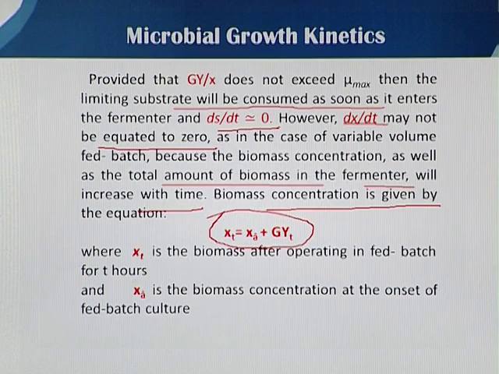G we already know is the feeding rate, and Y is the yield at time t. By this equation, we can determine the amount of biomass present, if we know the existing biomass in the fermenter vessel.